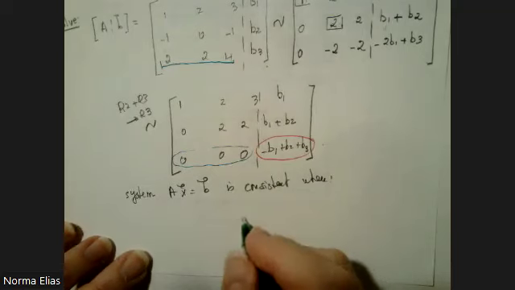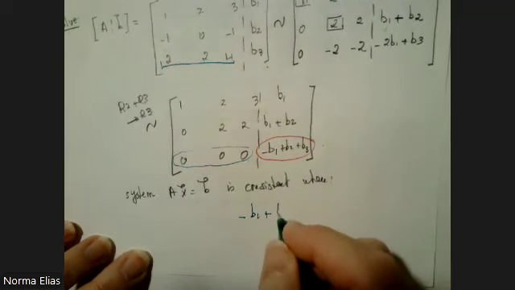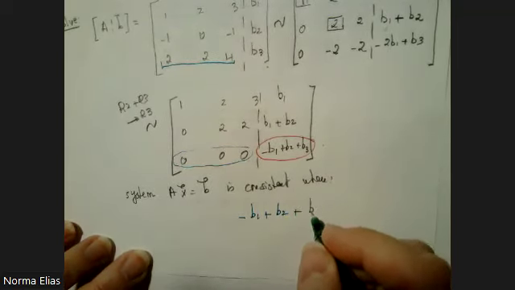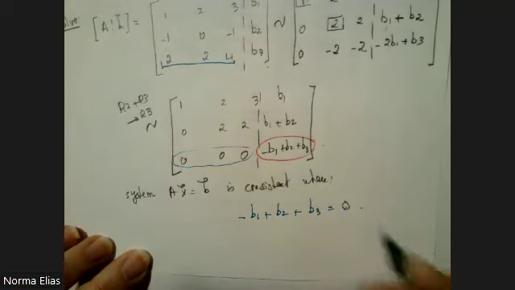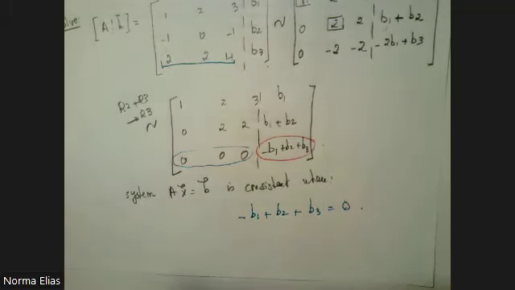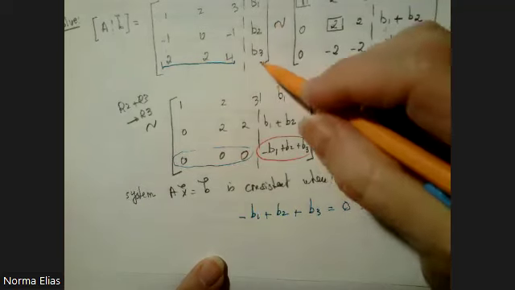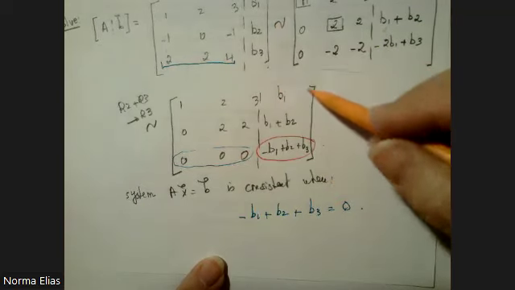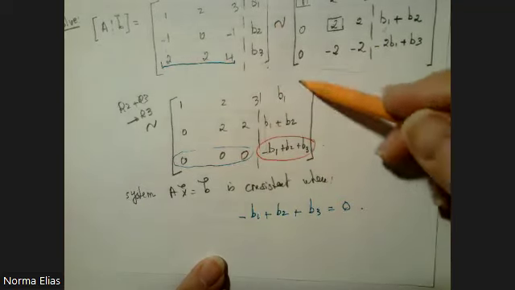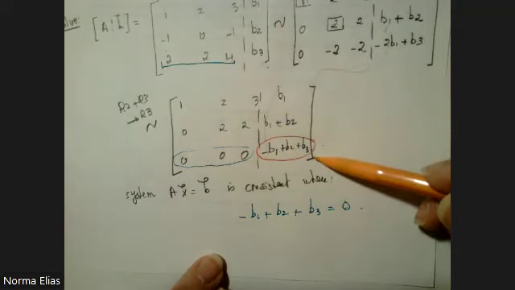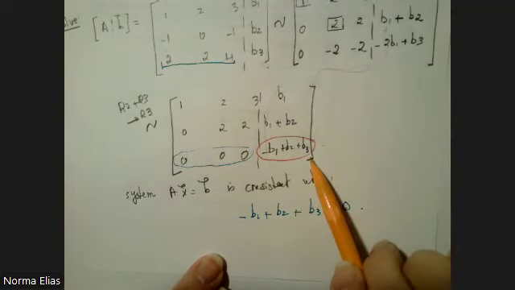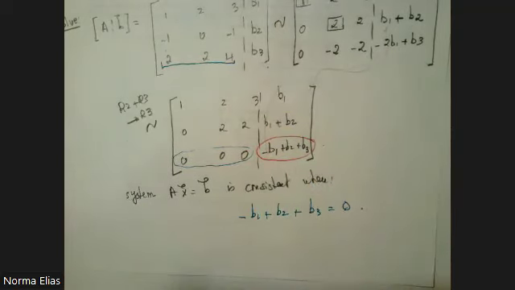So when minus B1 plus B2 plus B3 is 0, so not every vector will give me a solution. That's the condition that I have to satisfy. So the minute I have a row of 0, when I'm starting with B1, B2, B3, it's going to change. And it gets me to a certain vector here. And that's really where my issue is going to come. I will have a solution when this relationship between the B's is equal to 0.